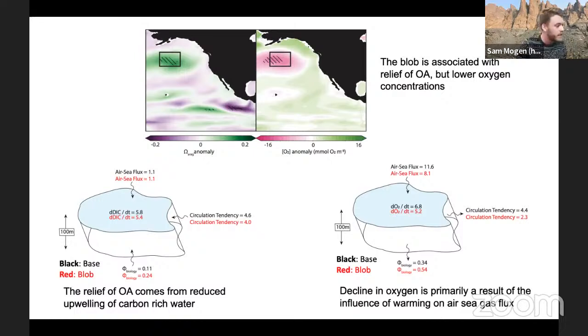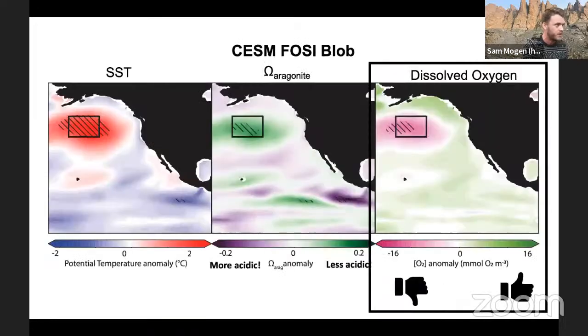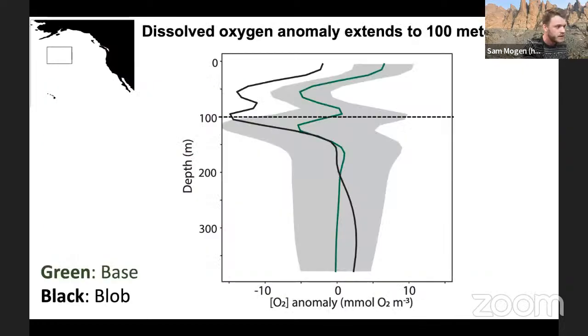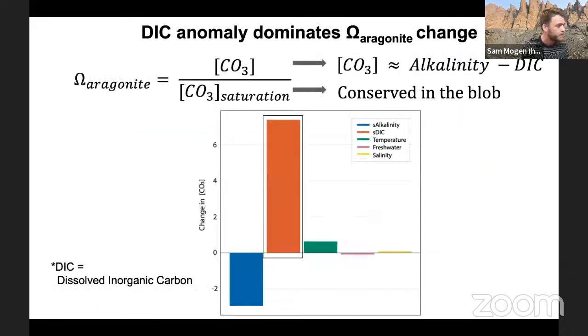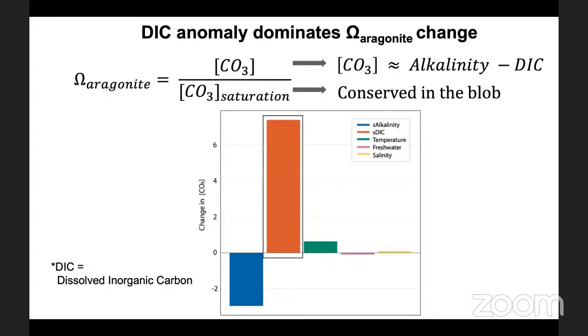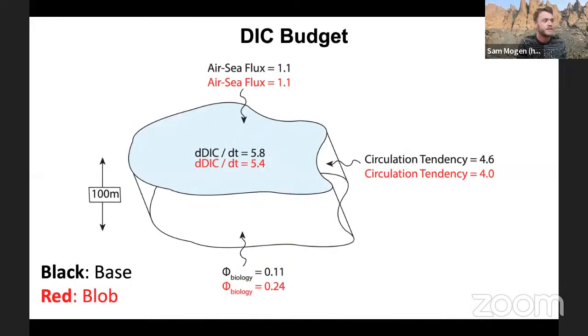And then with DIC, we have an increase in carbon just due to acidification in the region, but I'm not sure. I think there's just generally going to be an increase in the DIC budget over time. And I think that's what this is suggesting.